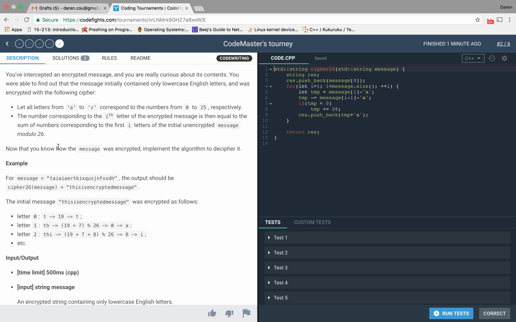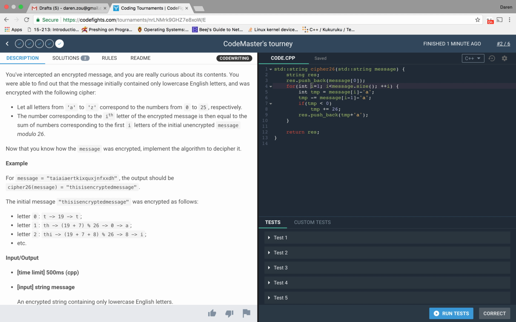So basically, we're given the encrypted message, and we want to find the unencrypted message, and we know the encryption algorithm. Going to my algorithm real quick, result is going to be my answer, and I know that the first letter of the encrypted message is also the first letter of the original message.